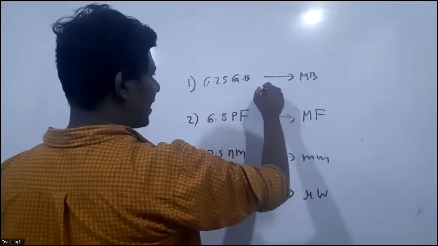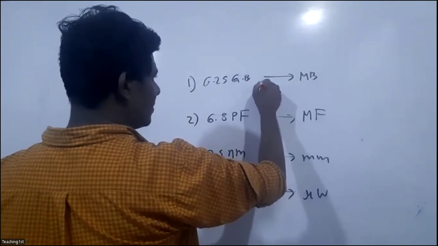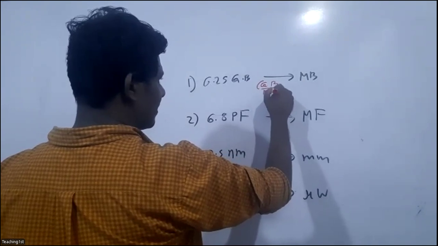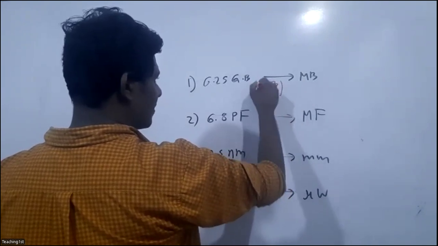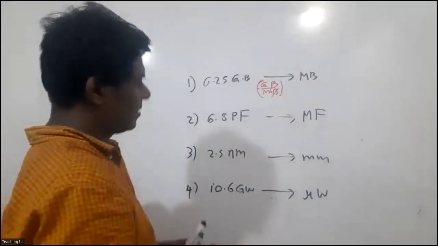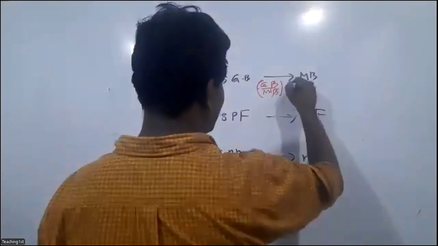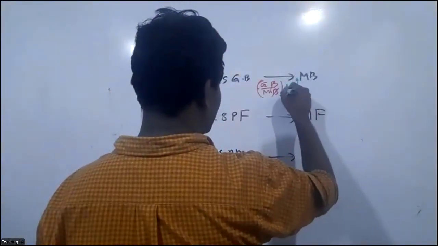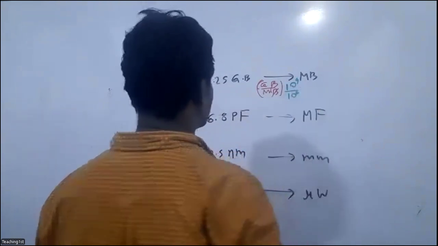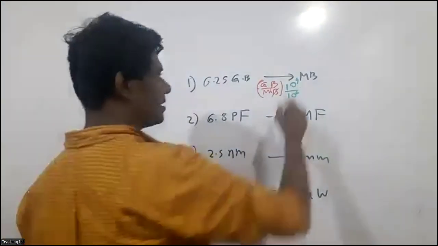I have to find the factor. So what am I going to do? GB over MB. B and B cancel off. The conversion factor I want to find is 10 to the power 9 divided by 10 to the power 6.